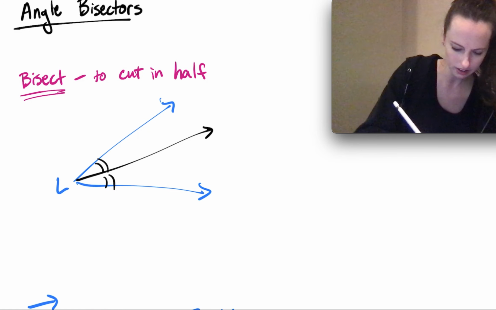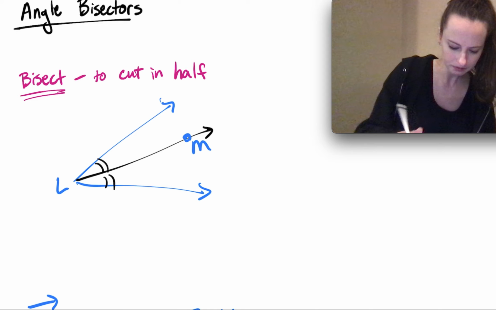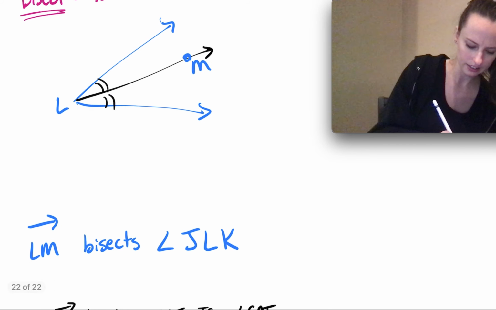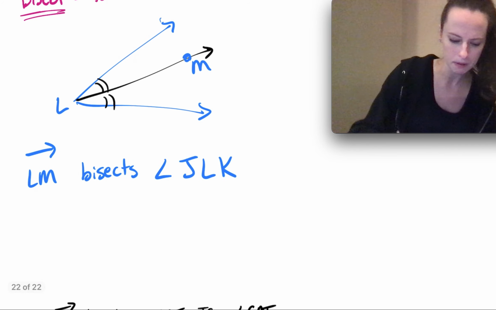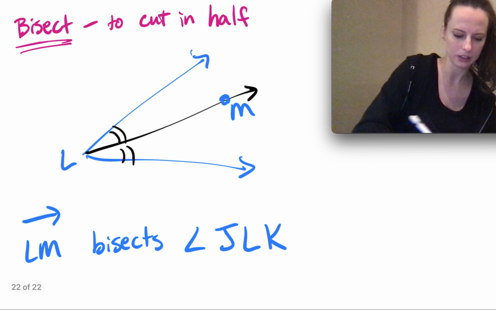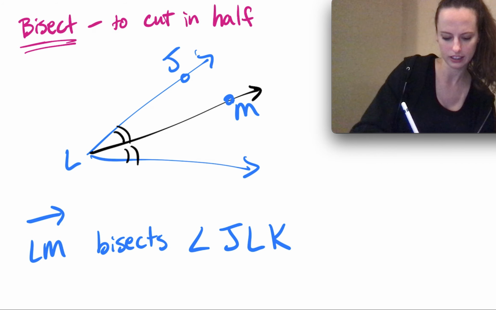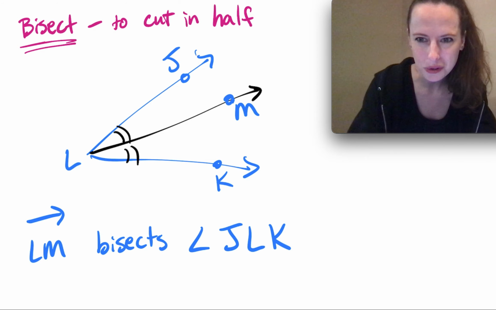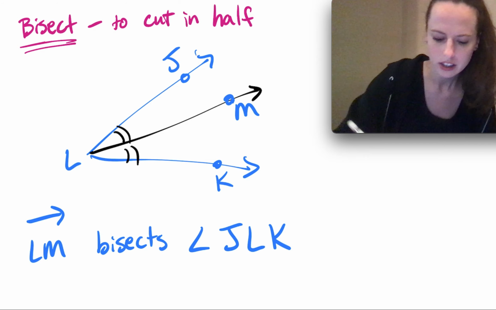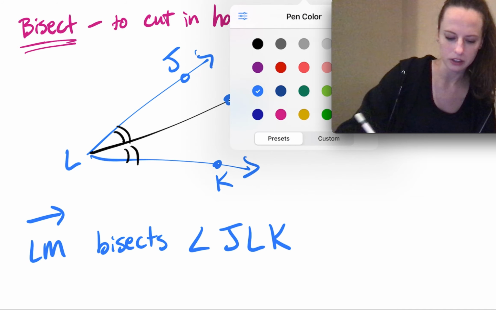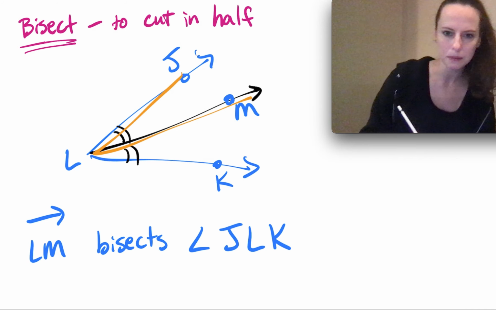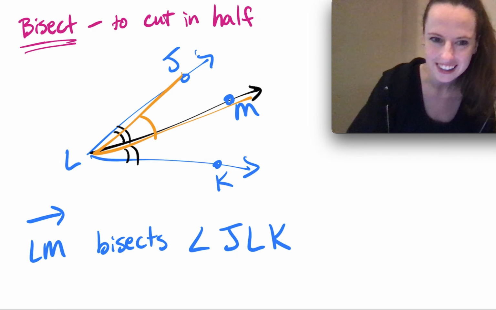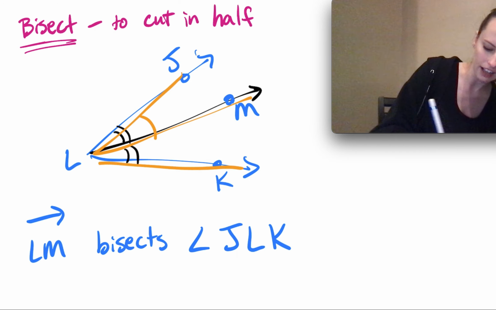Let's say we have L and this point M. We can say ray LM bisects angle JLK. And what happens then is we have two new congruent angles. So we would say that angle JLM is congruent to angle KLM.